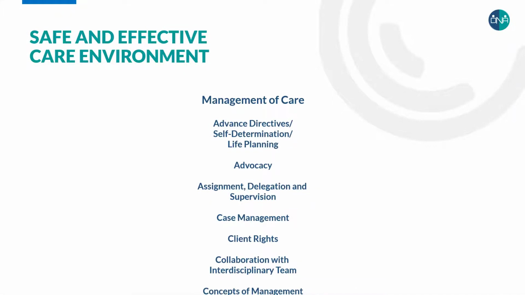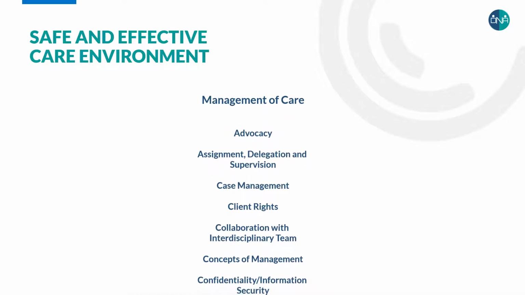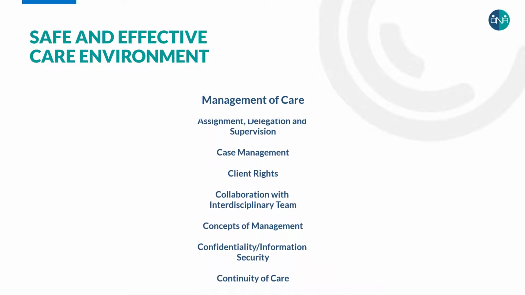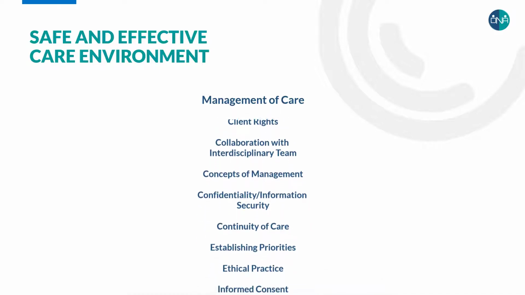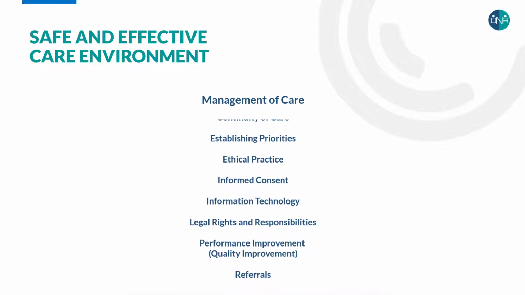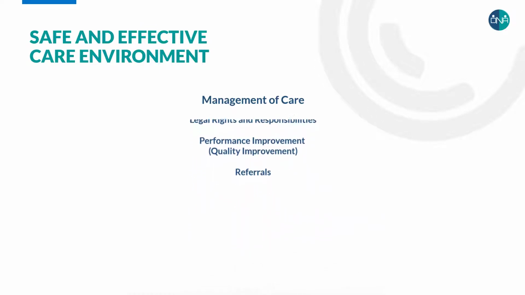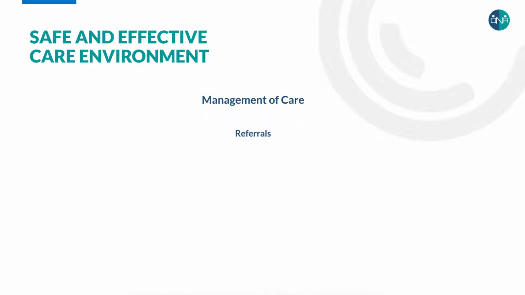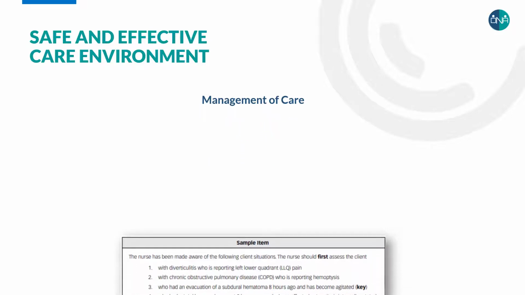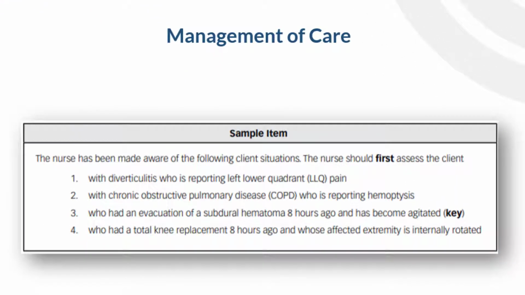Related content in this subcategory includes, but is not limited to, of course, you need to initiate, evaluate, and update the client plan of care, and at the same time, provide education to clients and staff about client rights and responsibilities. There is also an example provided here, and you can see that this question addresses the subcategory management of care in the client needs category, safe and effective care environment.